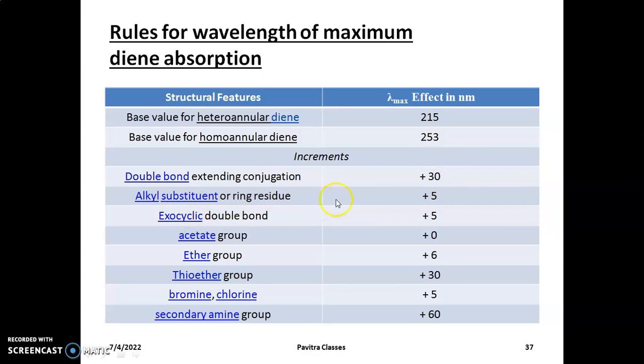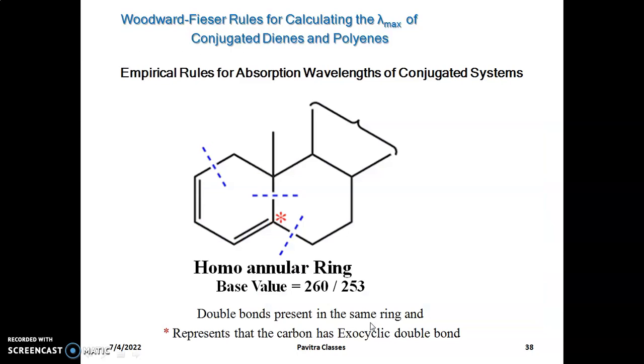Alkyl substituent or ring residues, 5 points are added. Exocyclic double bonds, 5 points are added. Acetate groups 0. Ether group 6 points. Thioether, sulfur groups, 30 points are added. Bromine, chlorine, 5 points are added. Secondary amines, 60 points are added.